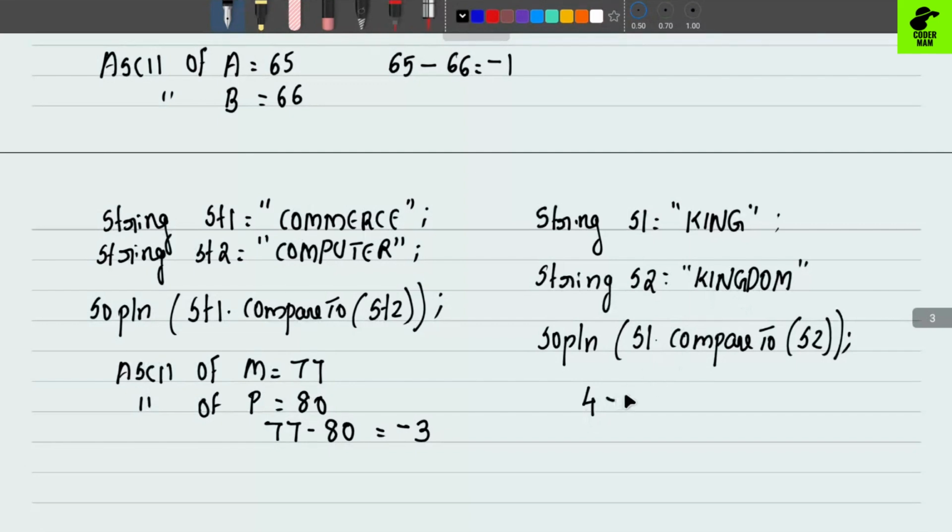So 4 minus 7 equals minus 3. So this is the output. If it is s2.compareTo(s1), then you should take 7 minus 4, so you will get 3. This is the output.